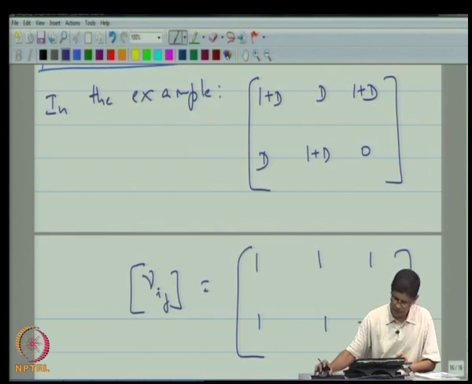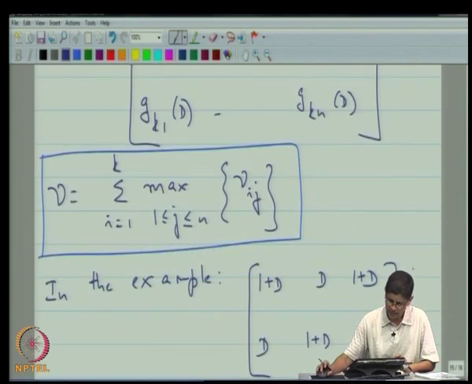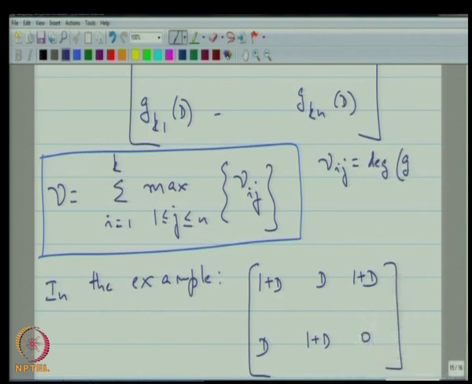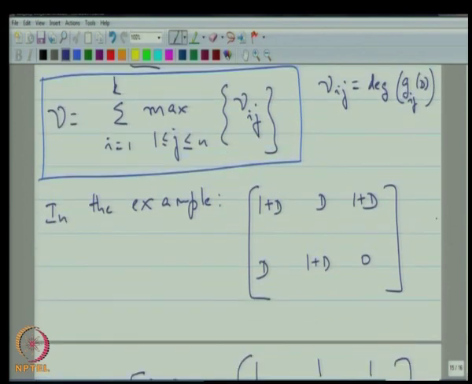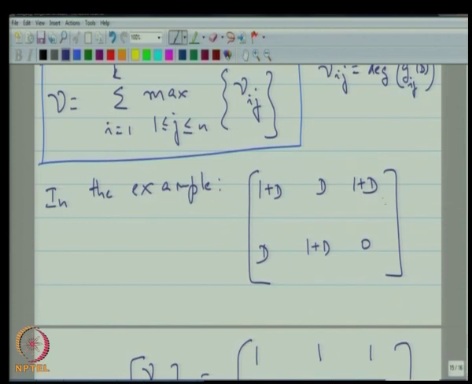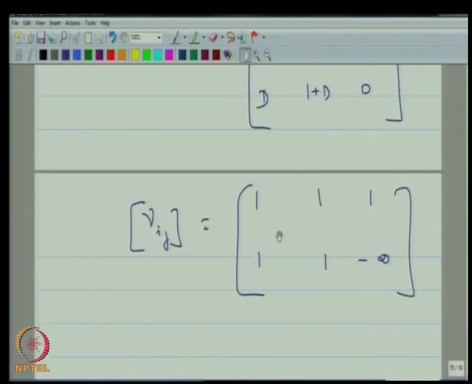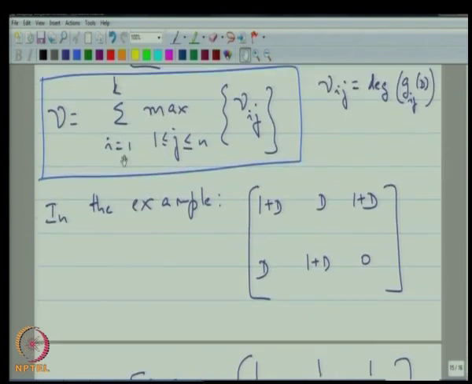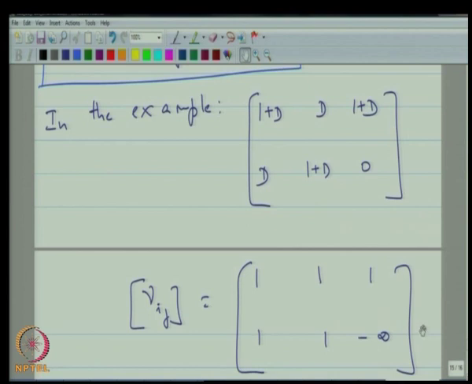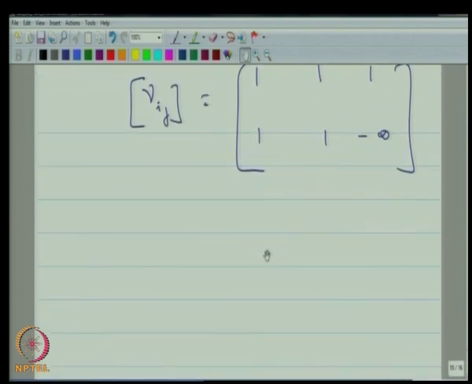You can also think of the nu i j as being the degree of the polynomial g i j of D. And since we have a 0 polynomial here, in this instance we will regard the degree as minus infinity. So, the total memory is nothing but you take the max in each row and add up the max.